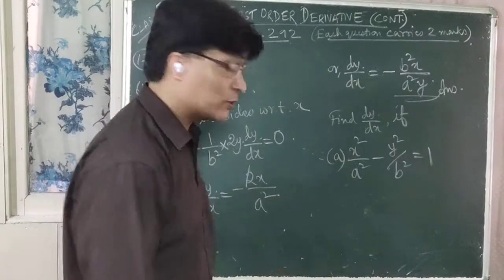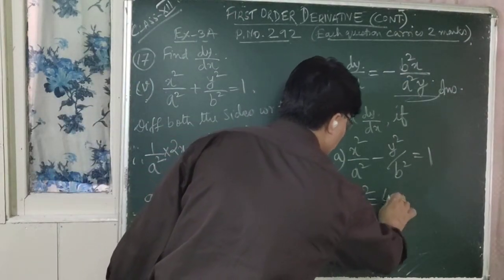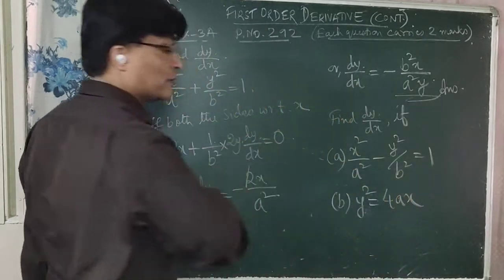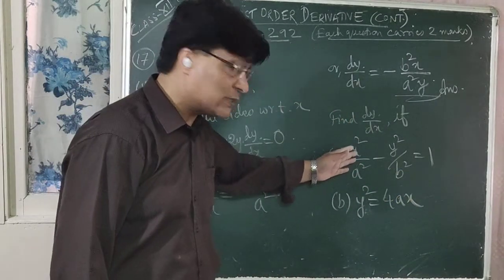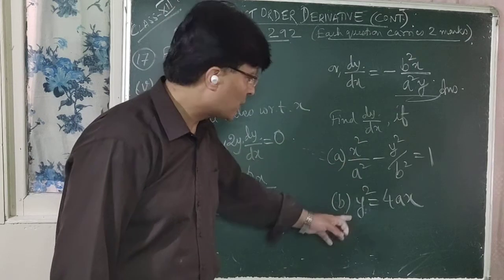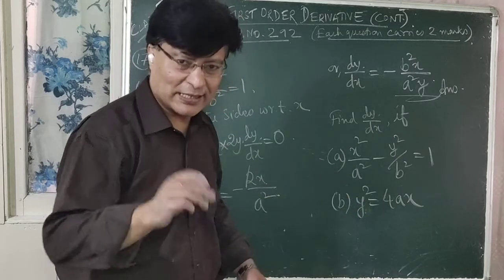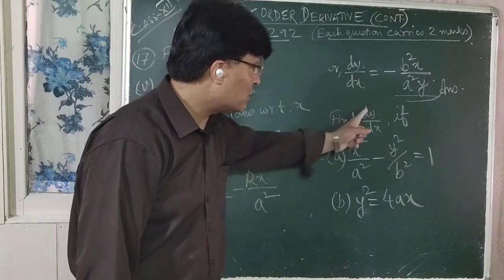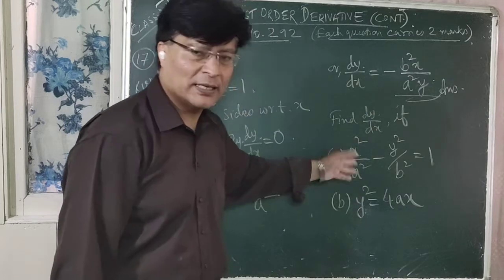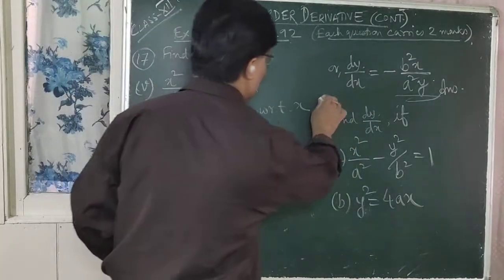And number b, y square is equal to 4ax. This is the equation of a parabola. You can differentiate both these sums, that is a and b. You can differentiate it. Okay? You have done it in class 11, isn't it? So you have to find out dy by dx for both these implicit functions. Okay? So this is your homework, right?